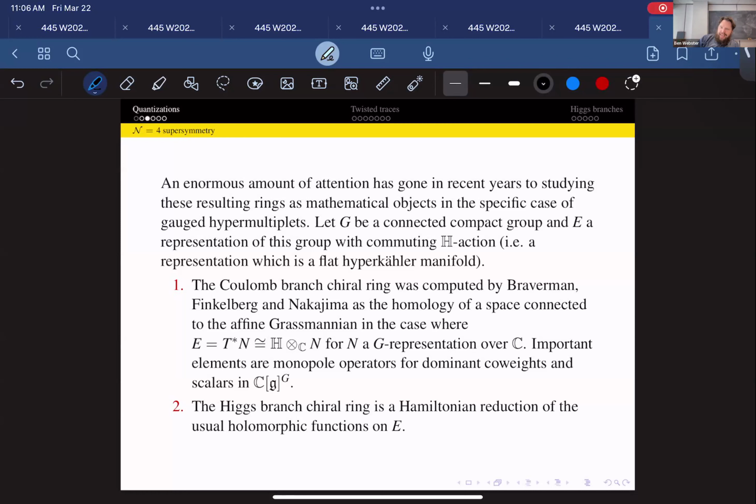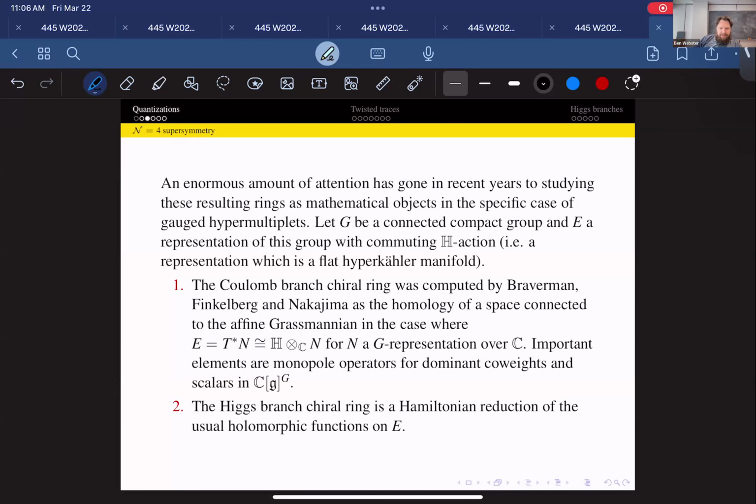That first case is much simpler and will usually be the one that we'll think about. In that case, Braverman, Finkelberg, and Nakajima gave a very nice mathematical description of what the Coulomb branch chiral ring is. And I didn't write this here, but I should mention, from the physics perspective, Gaiotto, Moore, and Bullimore came to somewhat similar conclusions, but had a slightly less precise formulation of exactly what you get.